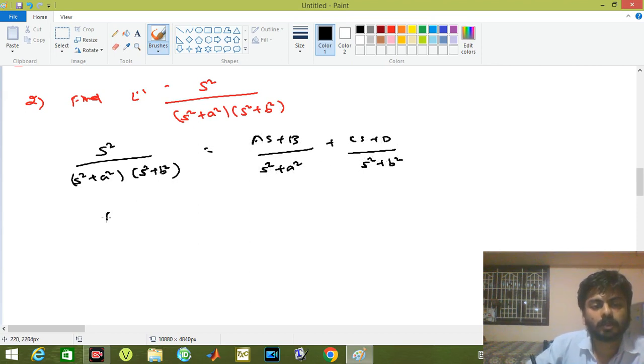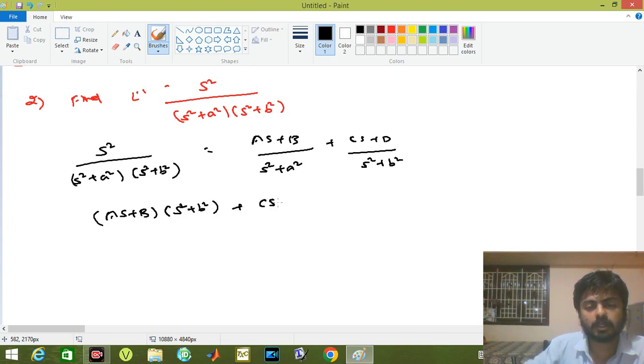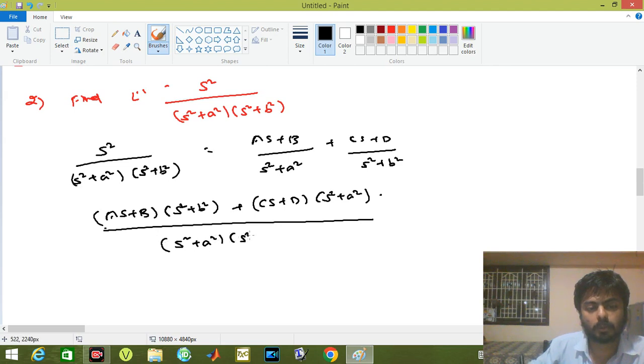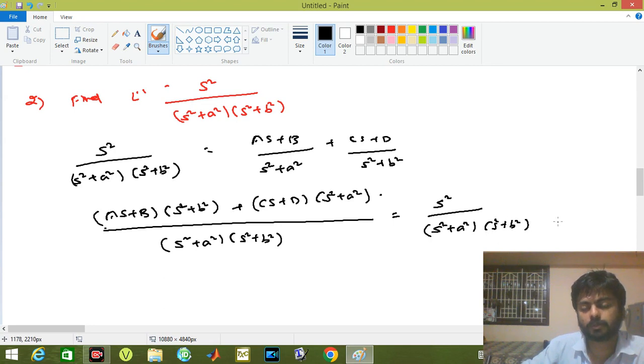So you will have (as plus b) into (s square plus b square), then plus (cs plus d) into (s square plus a square) whole divided by (s square plus a square) into (s square plus b square) equal to s square divided by (s square plus a square) into (s square plus b square).